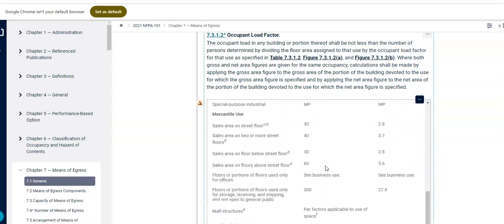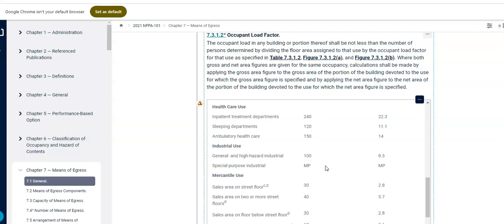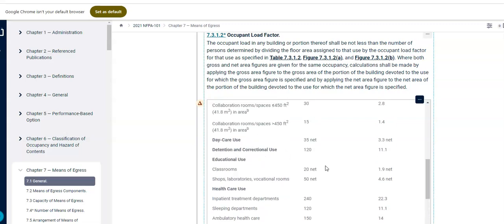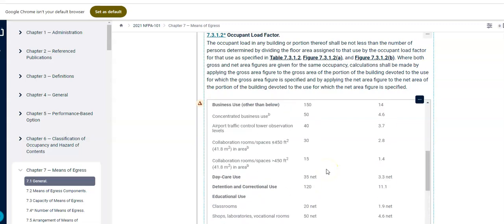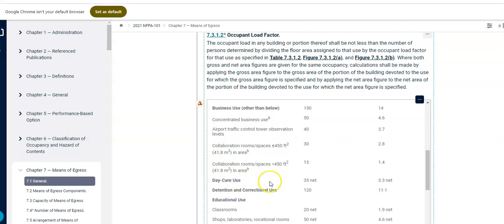Okay, so for the offices, the occupancy load that I think we should be using is in the business use, okay? And I would like to use the collaboration rooms or spaces for less than 450 square foot.